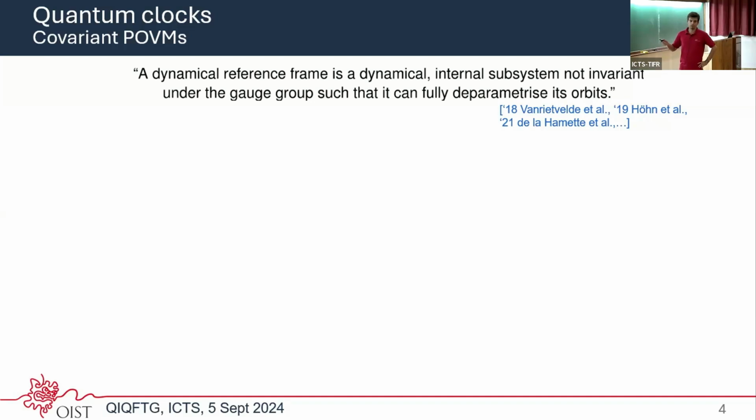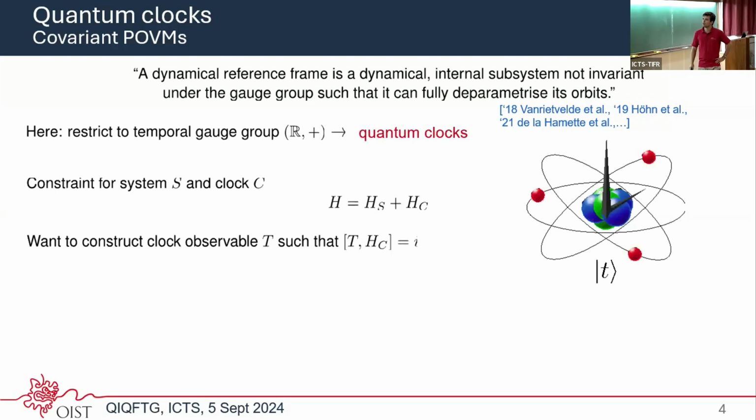And when they also have to adhere to the quantum laws, then we call them quantum reference frames. Now, in the case at hand, we're looking at the one-dimensional group of time translations. So instead of quantum reference frames, we will just call them quantum clocks.